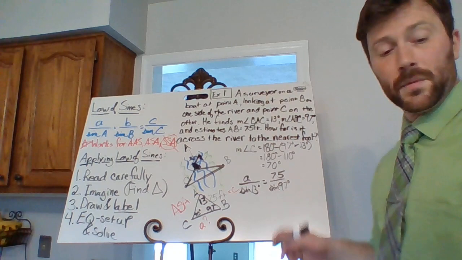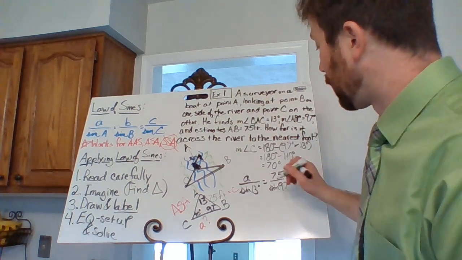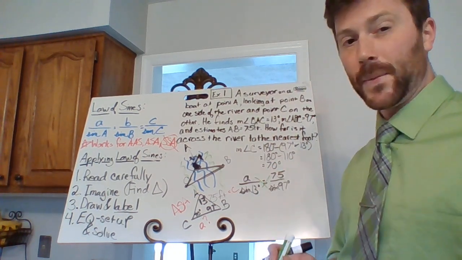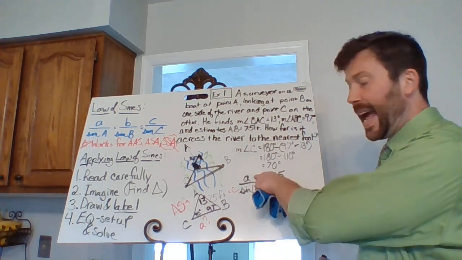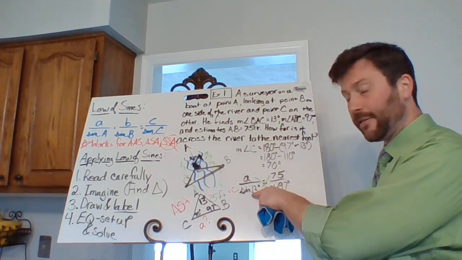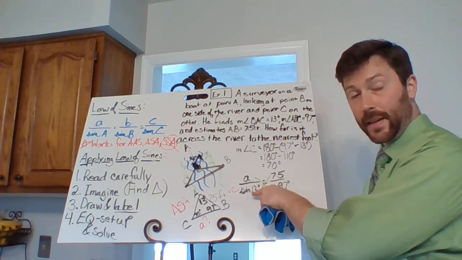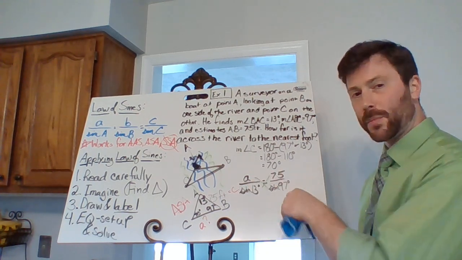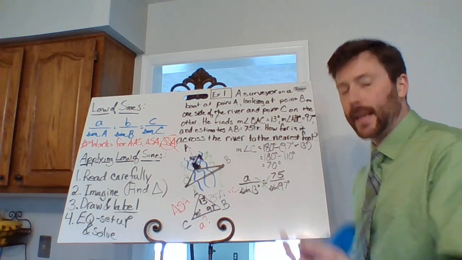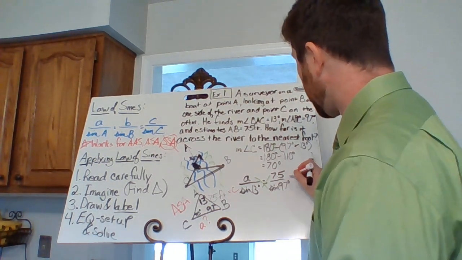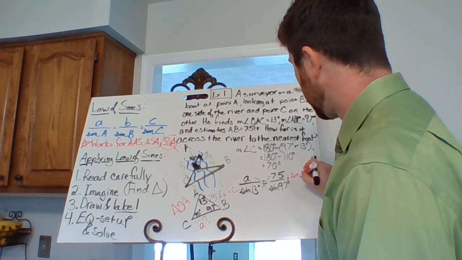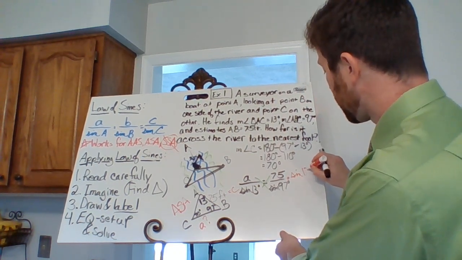Okay, now to solve this, we're going to cross multiply. Now we could cross multiply, but there's actually a little bit of a shortcut here. A is what we're looking for, and A is being divided by the sine of 13 degrees. So rather than cross multiply, why don't we just solve for A directly? So just multiply both sides of this equation by the sine of 13 degrees.